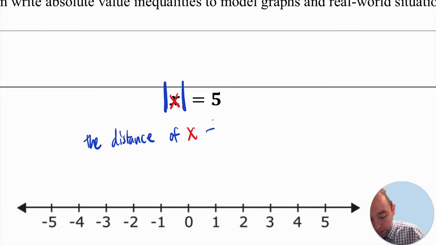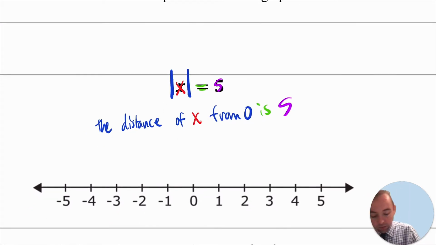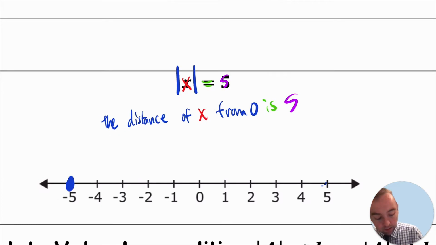So how far x is from 0, and then because of the equal sign, we can see that it is going to be exactly 5 units away. And so the solution would of course be the numbers -5 and 5 as the possible values for x in this particular situation, right? For us to be a distance of exactly 5 units away.